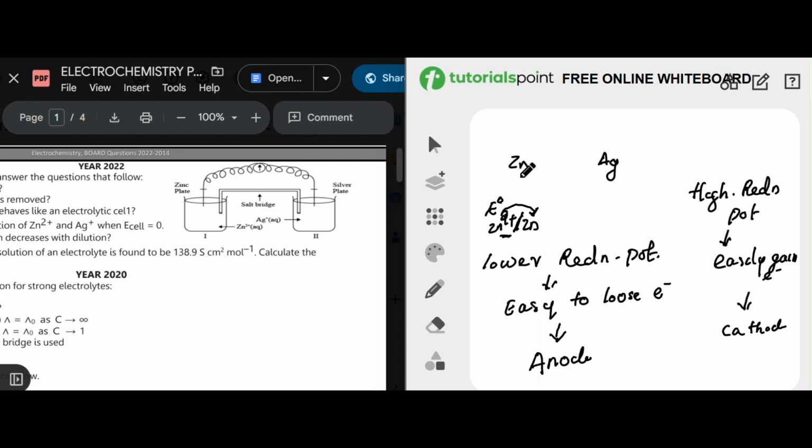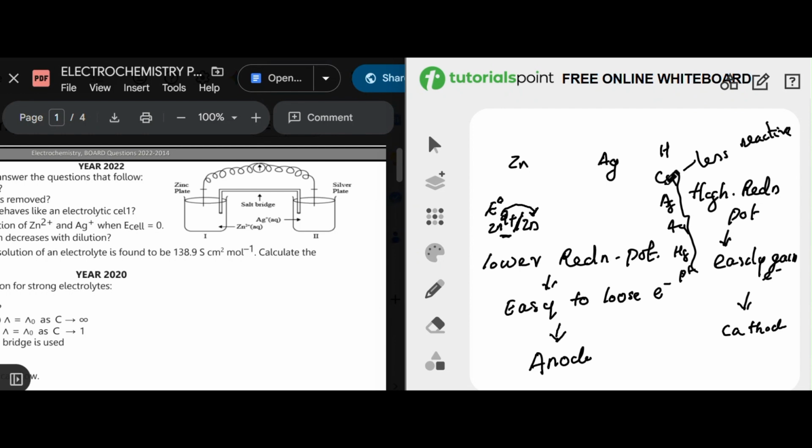From small classes onwards, we are learning the simple electrochemical series, the metal reactivity series. In that, after hydrogen come copper, silver, gold, mercury, platinum. These metals are very less reactive, and they will have higher reduction potential.